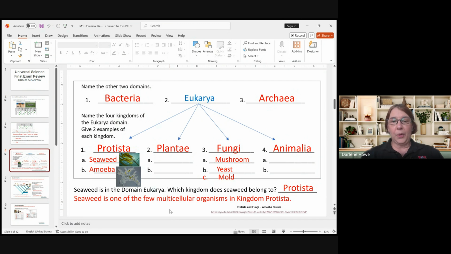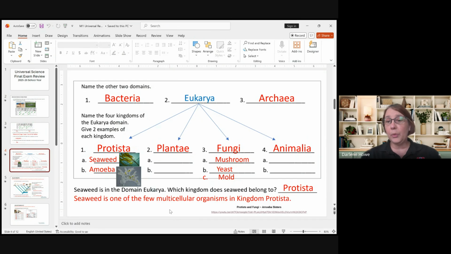Okay, so when we look at naming animals, we start with three domains. Every living thing on the planet, whether it is a bacteria, a plant, or a large animal, anything that is living on this planet fits into one of three categories.